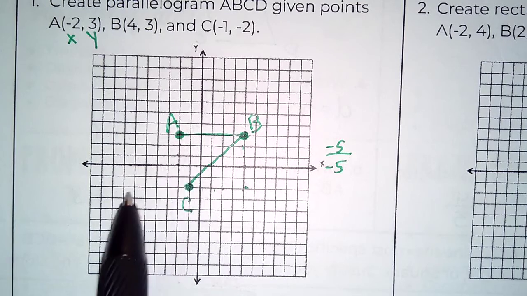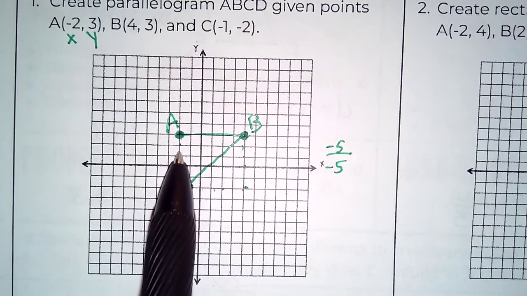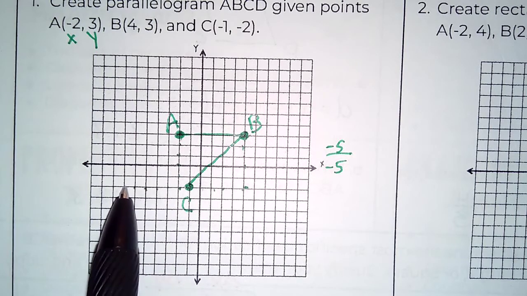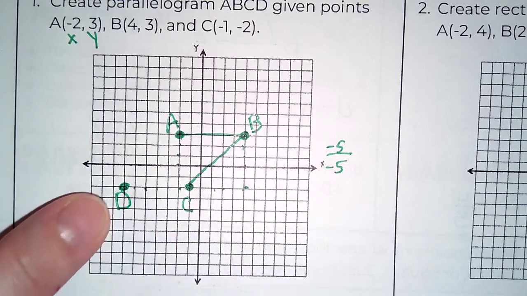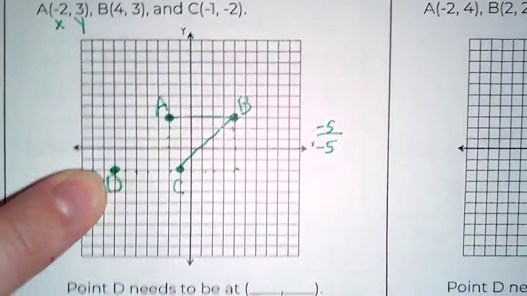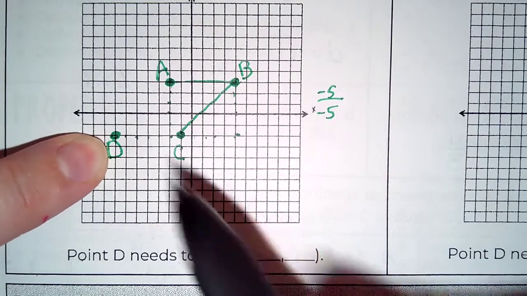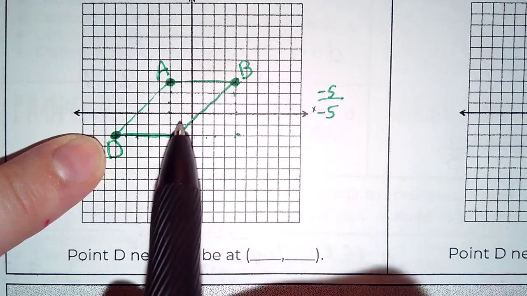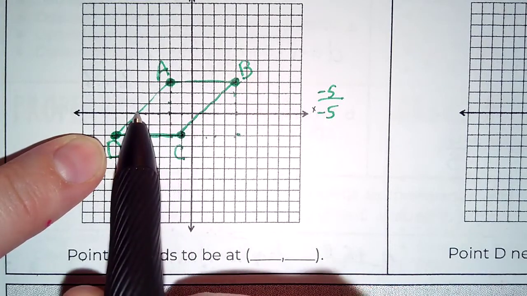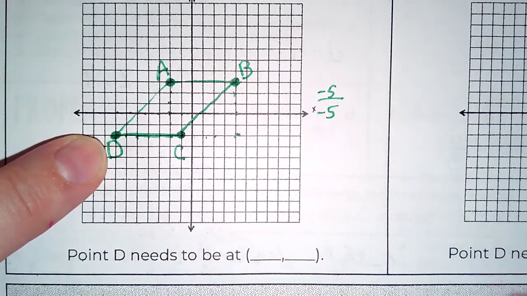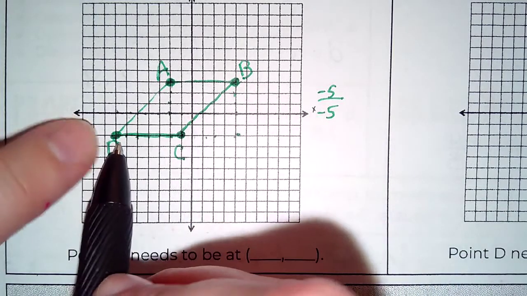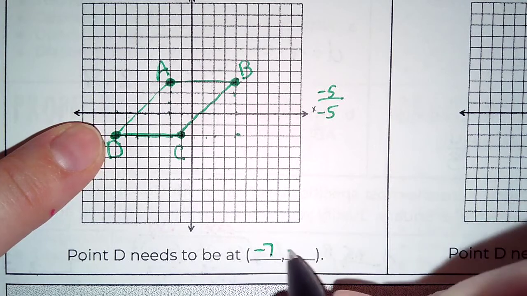So from A to D, I'm going to go down 5 and left 5. That means D has to be right here, and we need to find the coordinates. So take a second and count and find your ordered pair for D on your own. I counted left 7, down 2, so that ordered pair should be -7, -2.